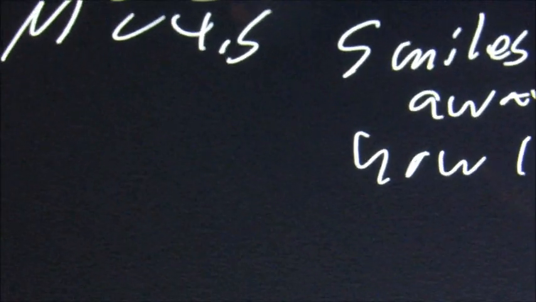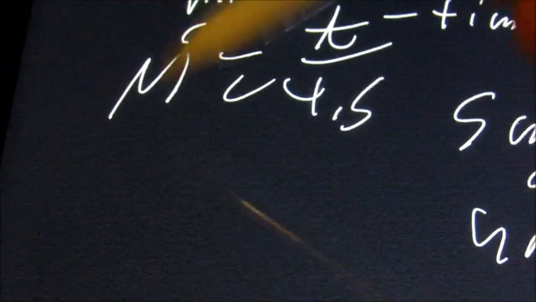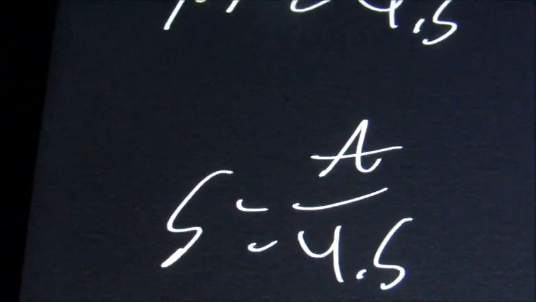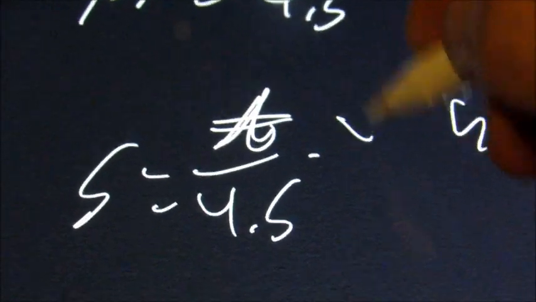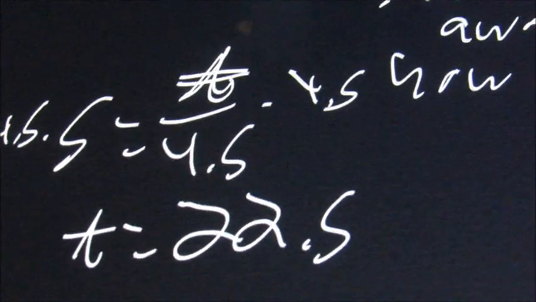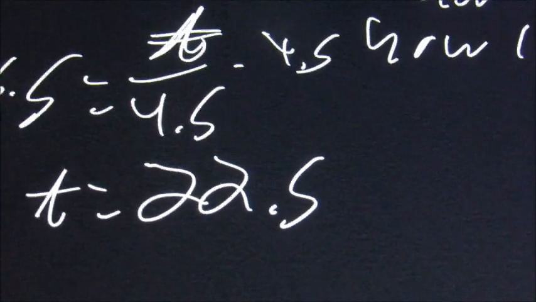So we're just going to put in the 5 for m, so it's 5 equals t over 4.5, and we have to find t. So we're just going to multiply both sides by 4.5, and we're going to get that t equals 22.5. So this one does have a decimal in it, even though the other ones don't. The ones that you get might, but they also might not. But you'll be working them the exact same way.